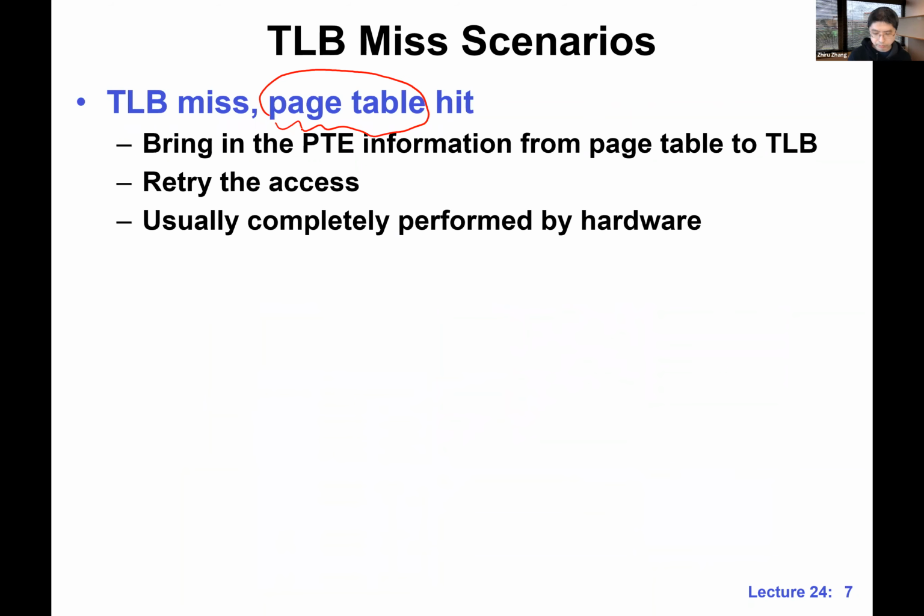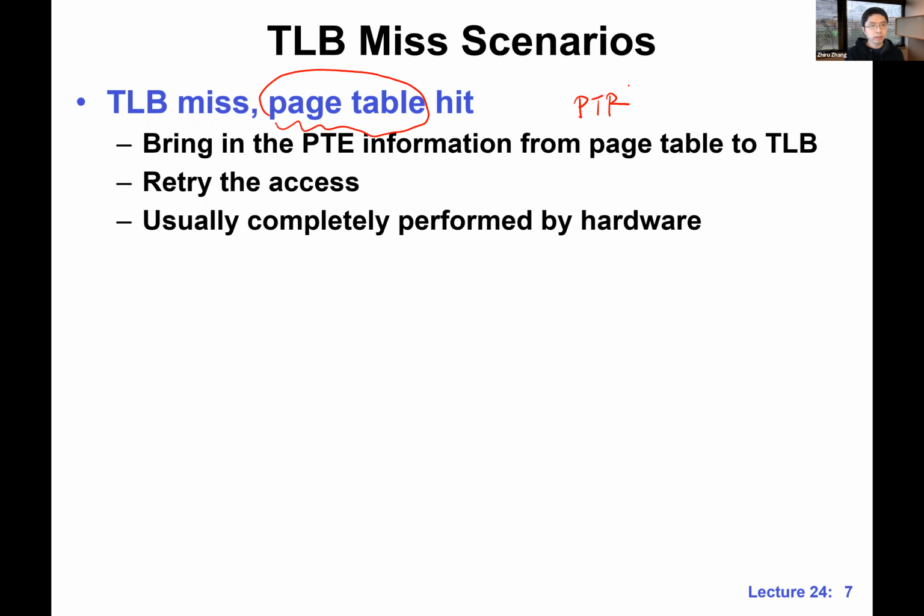Do you still remember? There's a special register called PTR. What's the full name? We use that special CPU register to find the page table in the main memory. Page table register, very good. That's basically the address of the very first PTE.